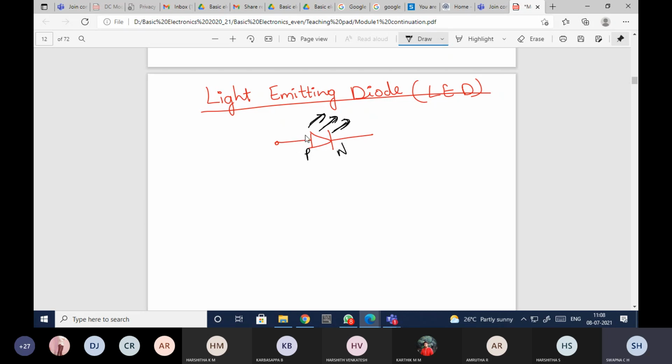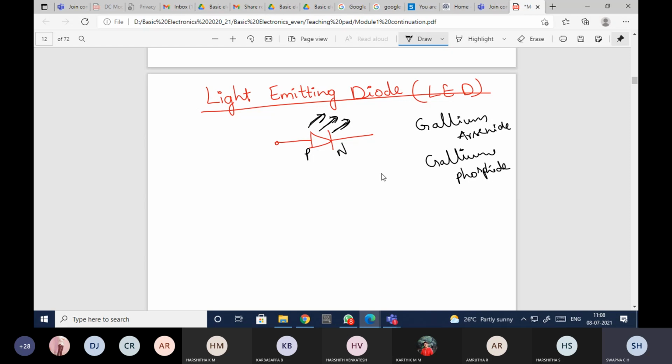But here the difference is that these LEDs, these diodes, are made with different materials, like gallium arsenide, gallium phosphide. Different materials will emit different colors of light.